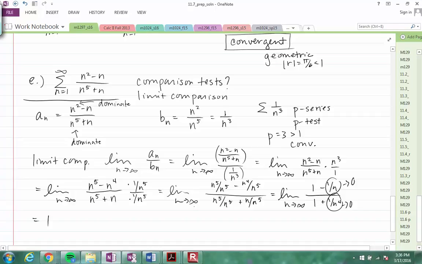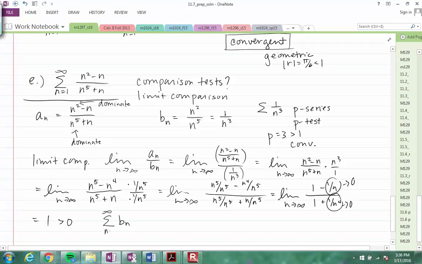So, looking at the formula sheet for the limit comparison test, because this L is greater than 0, a little confusing because that's in the convergent and divergent column, but then look at the second part that's shown there and notice that your conclusion is based on the convergence or divergence of b sub n.